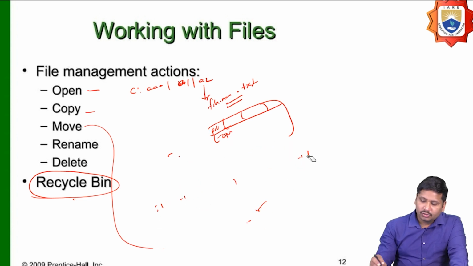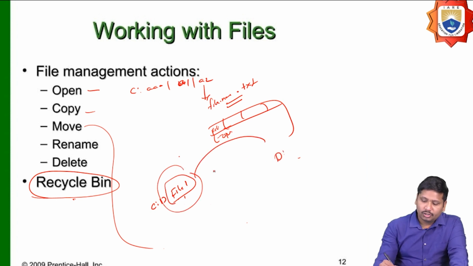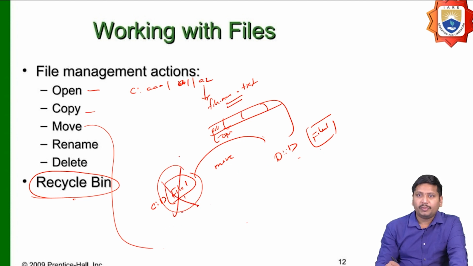moving a file. Suppose I'm having a file in C drive and I want to move this file to D drive. If I move this file from C drive to D drive, the file in the C drive will no longer exist, and it will be available in D drive.